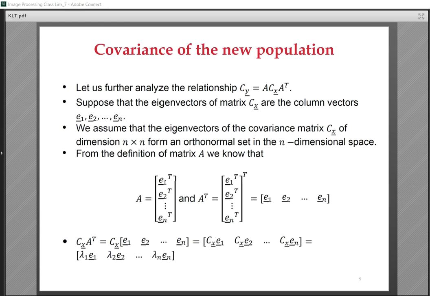We assume that the eigenvectors of the covariance matrix Cx of dimension n by n form an orthonormal set in the n-dimensional space. All of them are orthonormal to each other because of the eigenvector property.